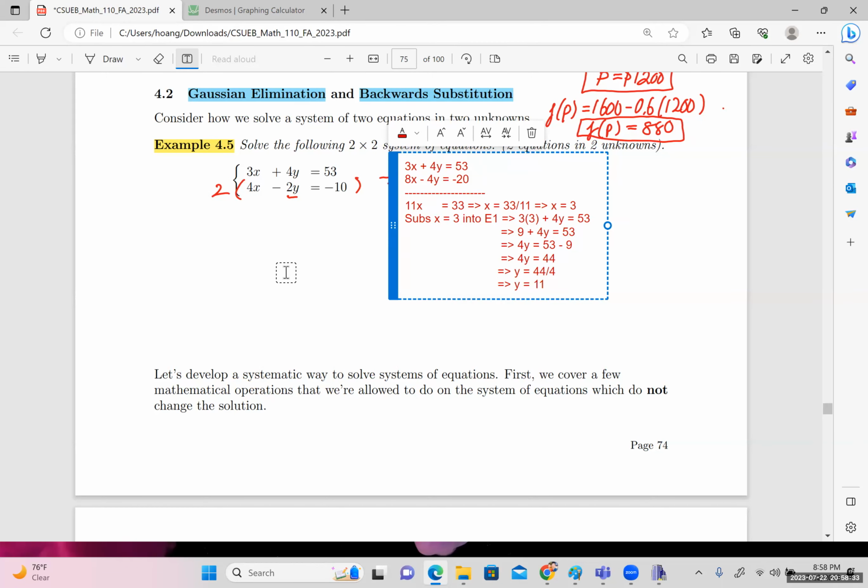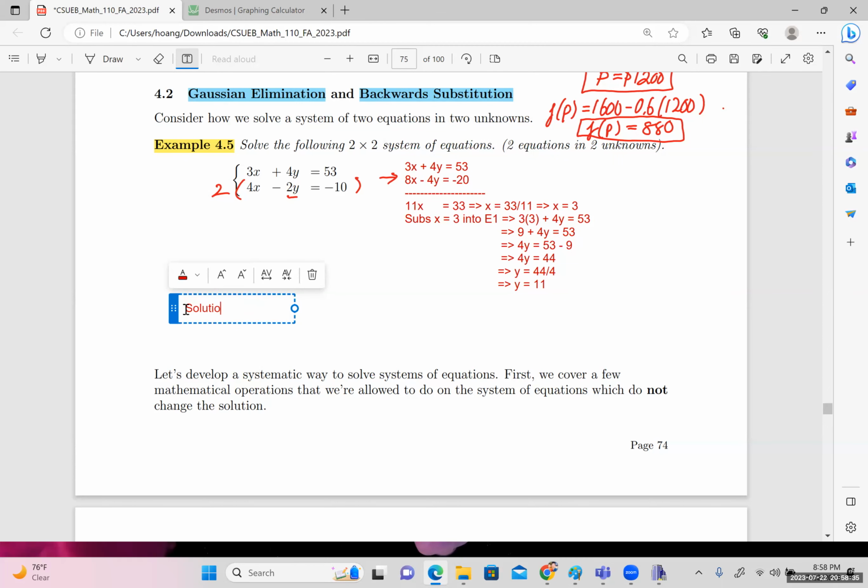So the solution is (x, y) equal to (3, 11), right? So this is by using elimination methods, right?